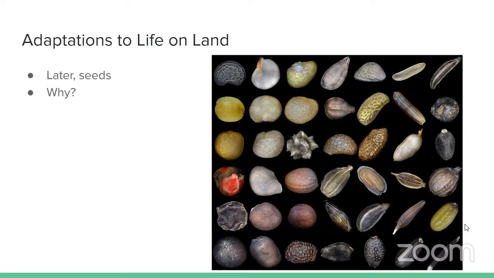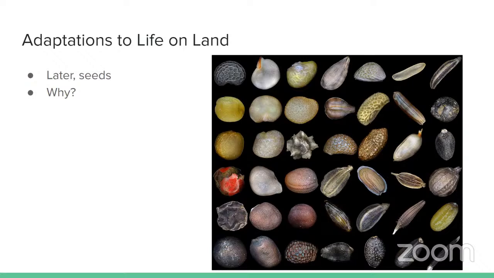But spores are still going to be subject to the elements. They're going to get real hot, they're going to bump into things, they're going to get scratched, they're going to dry out. So as we adapt to life on land, we're also going to see the development of seeds. We're going to start to have protective coatings around our reproductive structures.